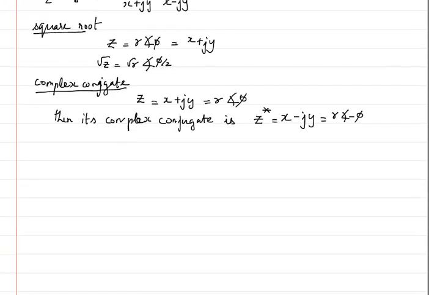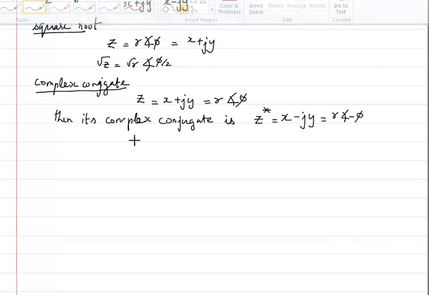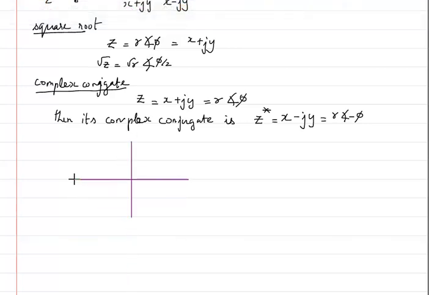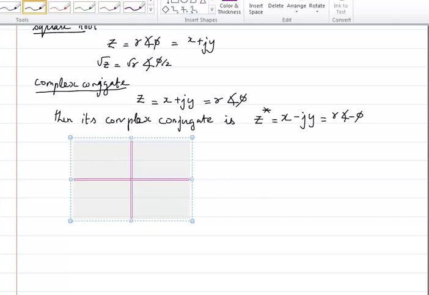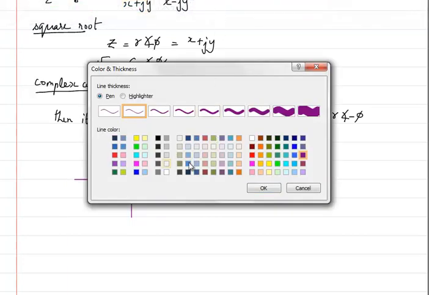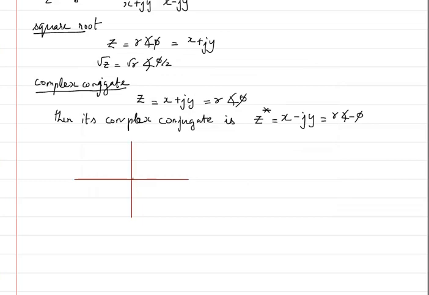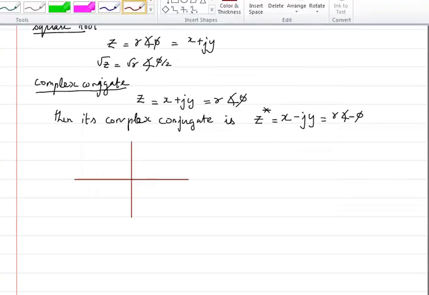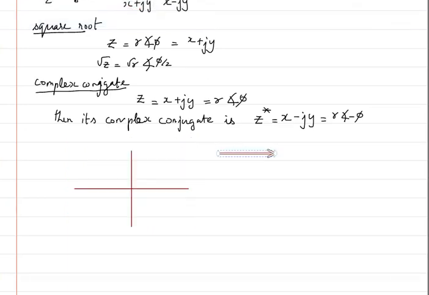If you ask me how we represent it diagrammatically, suppose there is a phasor diagram like this, and suppose there is a phasor which, let me draw using a different color, something like this. If this is the phasor, then this will be x and this will be y.